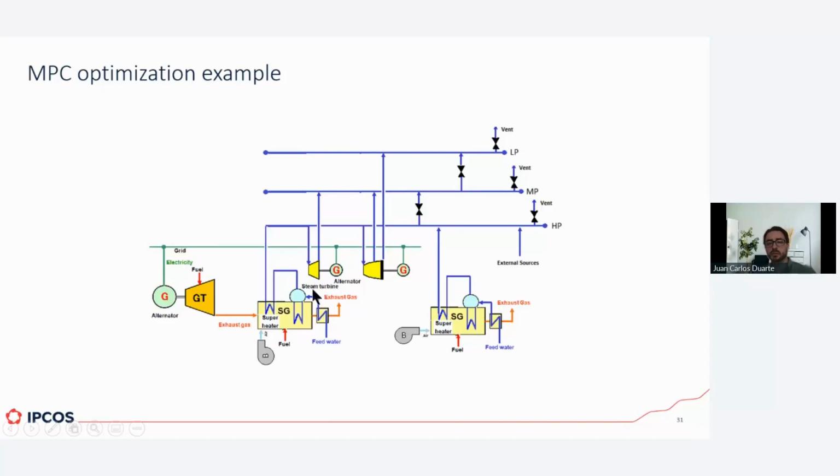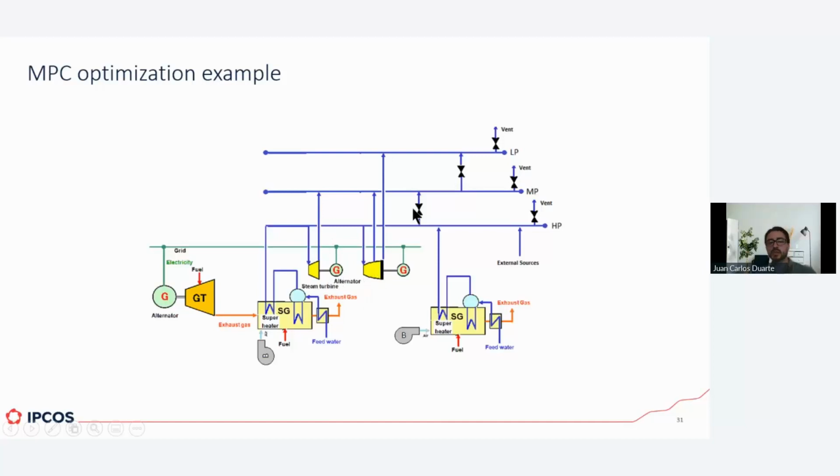At the same time, you have some turbines to generate even more electricity using the high pressure steam. So you can see how the high pressure steam is used here by these two turbines to generate even more electricity.